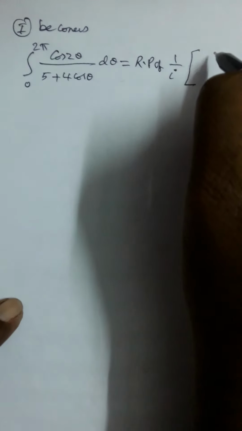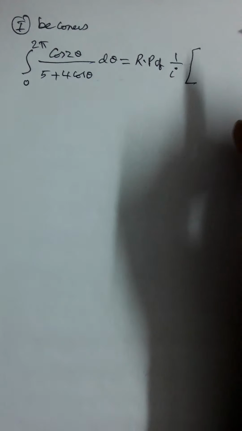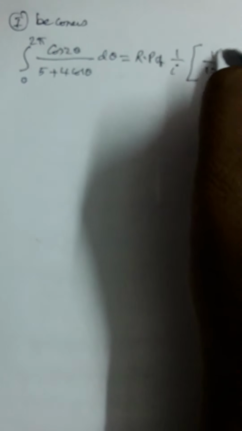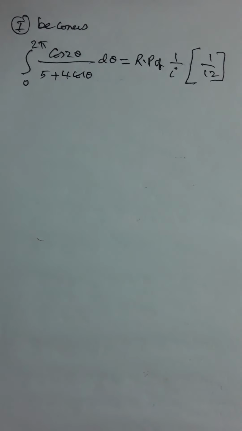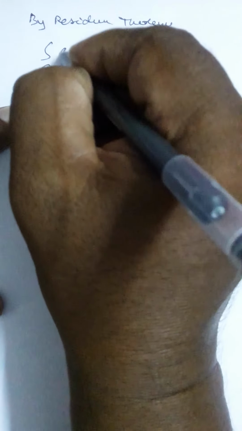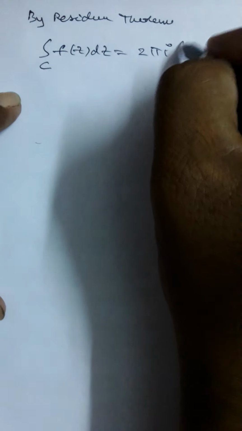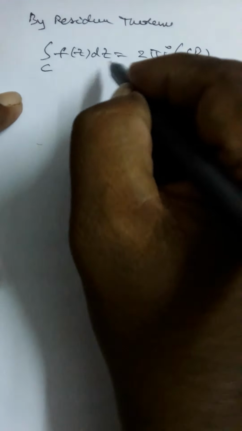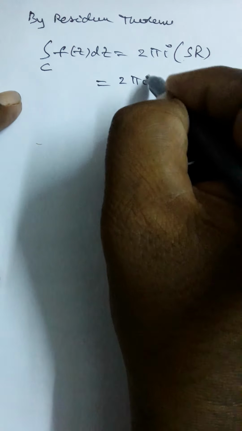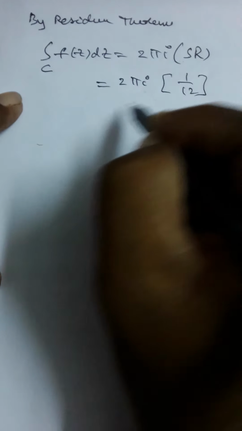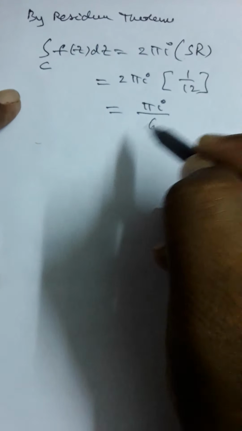Here the residue is 1/12. By the residue theorem, the integral over C of f(z) dz is 2 pi i times the sum of the residues, which is 2 pi i into 1/12, so pi i by 6.